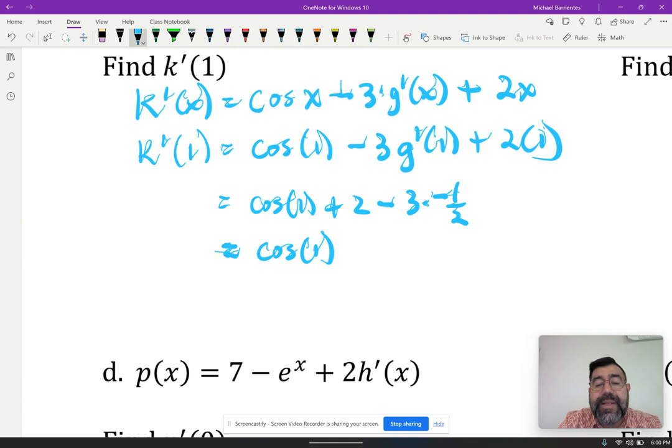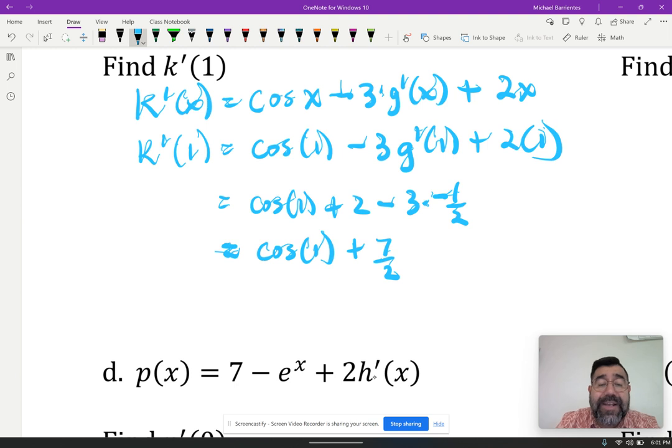Remember that we're multiplying these, so when you multiply a minus 3 times negative 1/2, you're going to get plus 3/2, which is 1.5, plus 2, that's 3.5. And so you could say plus 3.5. You could write it that way.